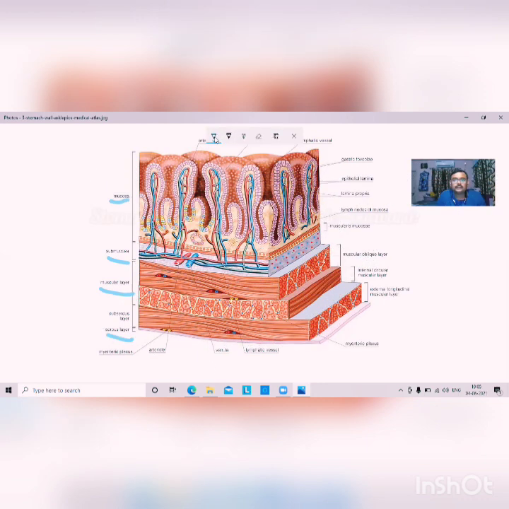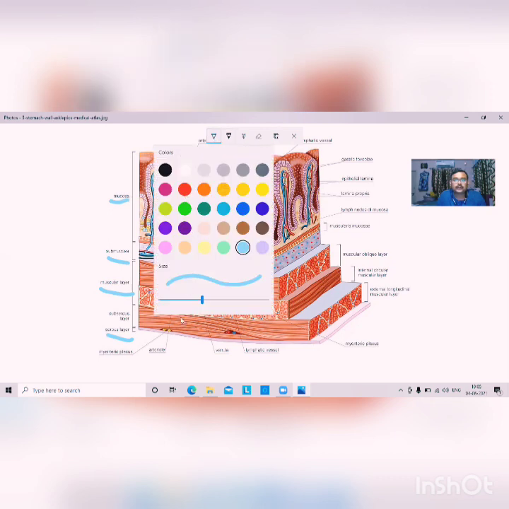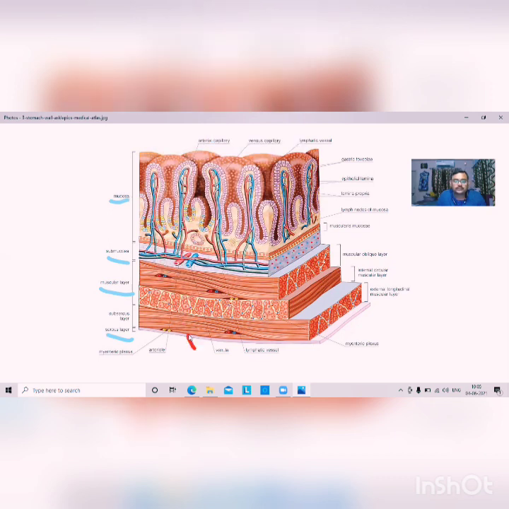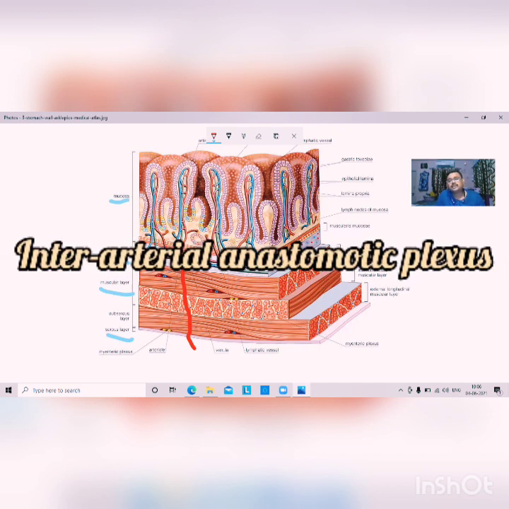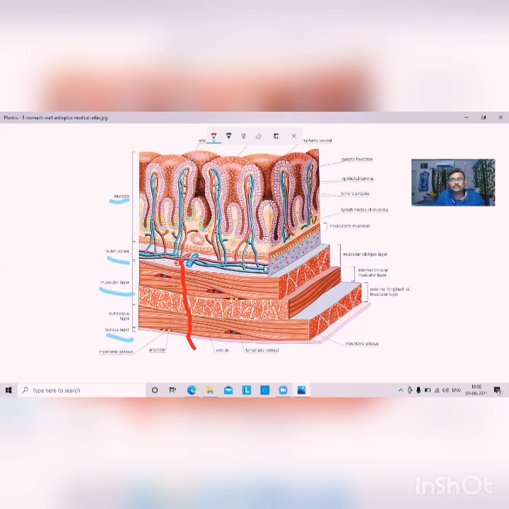Now, the arteries will pierce the serosal layer, then the muscle layer, then reach the submucosa. At the level of the submucosa, there will be an intense interarterial anastomotic network present within the wall of the stomach.